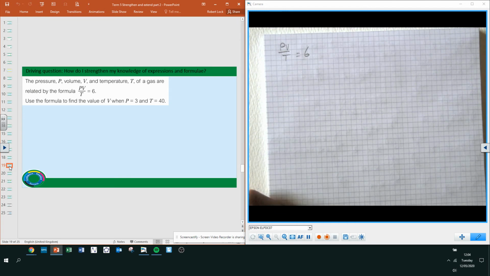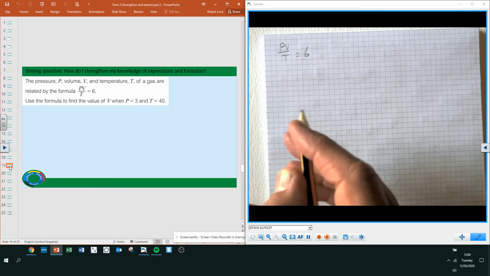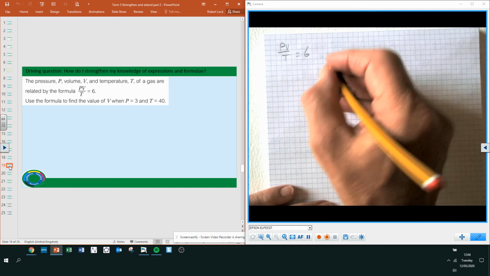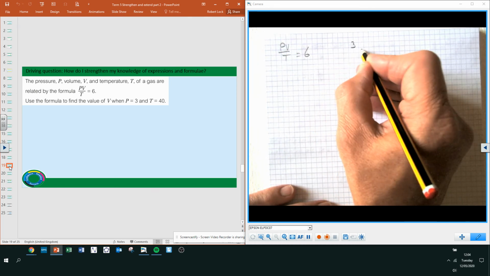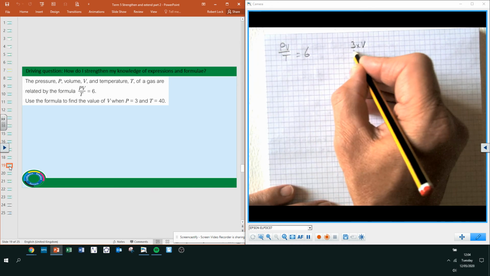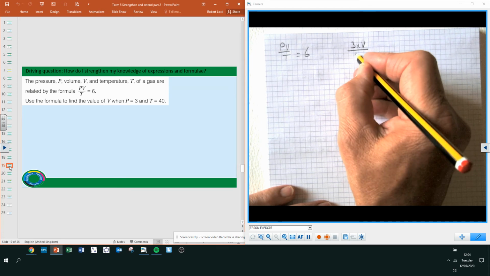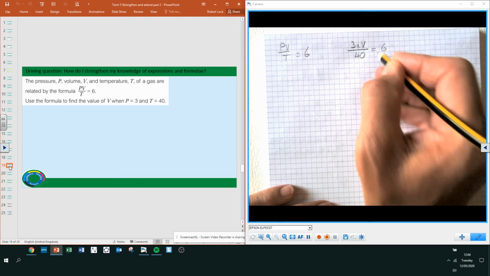Use the formula to find the value of V when P equals 3 and T equals 40. So substituting the values in. So P is 3. So 3 times V over T, which is 40, equals 6.